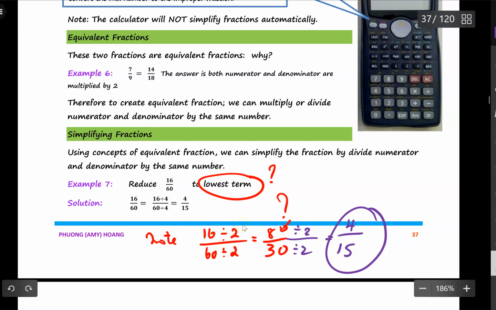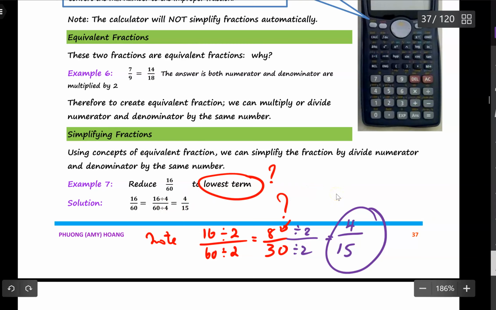The easiest number to pick would be 2. I pick 2, and then I examine that I still have to divide further, so I divide by 2 again and get 4 over 15. In the end, 2 times 2 is 4, so if you can think of 4 right away, you can reduce this to the lowest term.